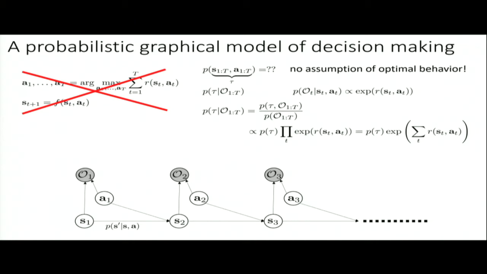So the most rewarding trajectory is the most likely, and trajectories get exponentially less likely as their reward decreases. So last week we talked about how we can use this model to solve for policies and state distributions. And today we're going to talk about how we can do learning in this model to actually acquire the reward function given some data that is assumed to come from this model.